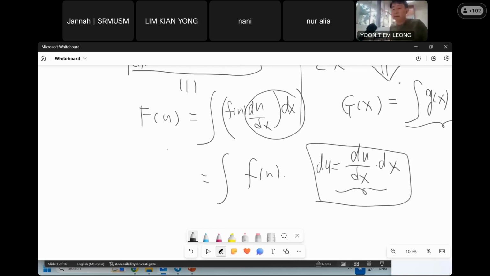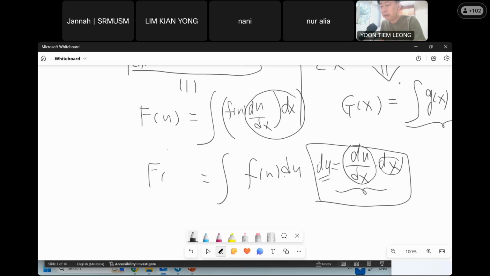You have to recall the definition of the differential that we discussed at length in the previous lecture. If you have the derivative of the function u with respect to x multiplied by dx, then what you get is the differential of u. Therefore, I have here du.